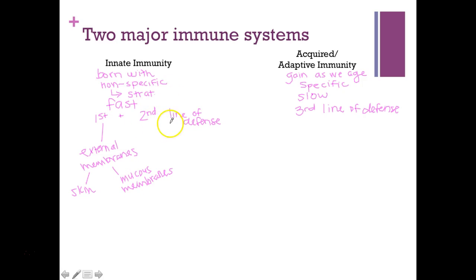Now our second line of defense is more of a cellular type of immunity. So I'm going to draw a bubble out here. First, let's talk about some cells and molecules. We have antimicrobial proteins.